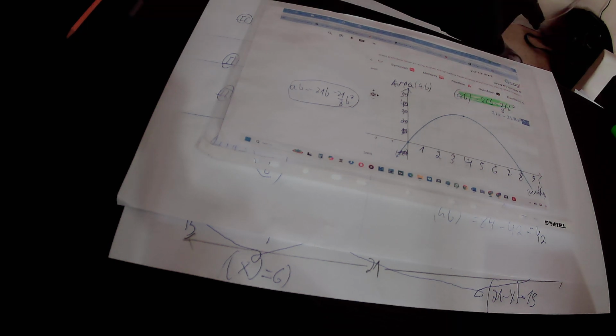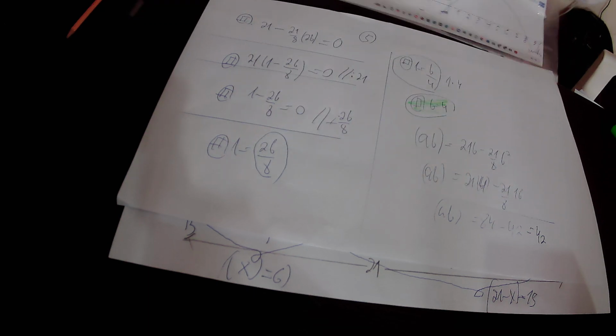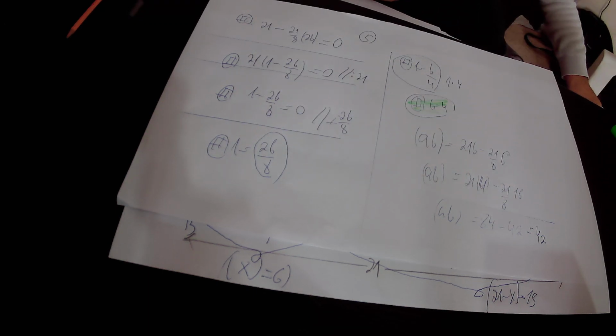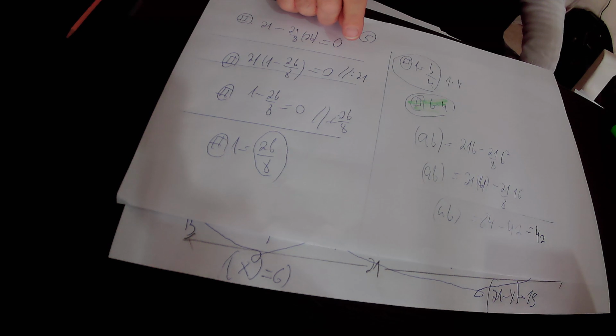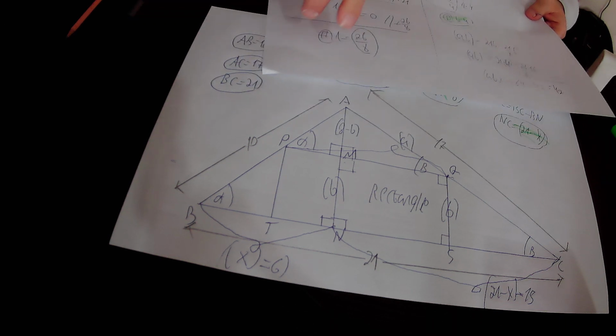And therefore, in this way, we verify that the extreme point b equals 4 is indeed the maximum extreme point and not the minimum extreme point. And therefore, when b equals 4, we have the maximum area of this rectangle PQST.